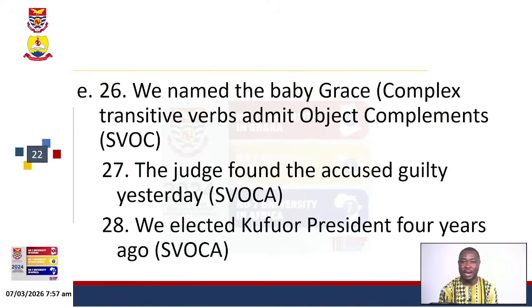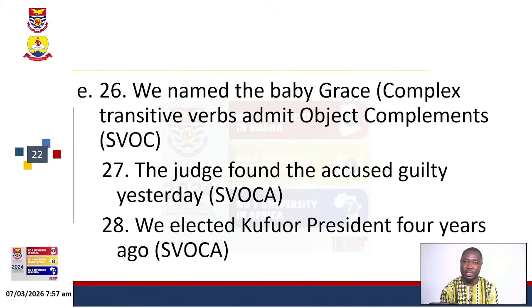While verbs allow object one or two, here the verb we have, named, has allowed an object and then also a complement. So we call such verbs complex transitive verbs. We named the baby Grace. Now, whenever you have a situation like this, for you to be able to tell that there is an object and there is a complement, you must understand that the object and the complement must have a co-referential relationship.